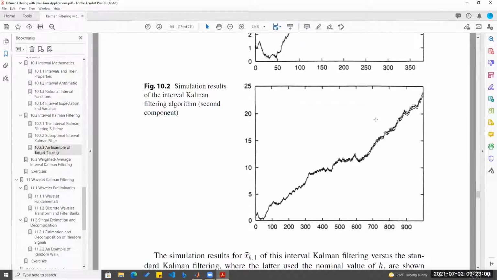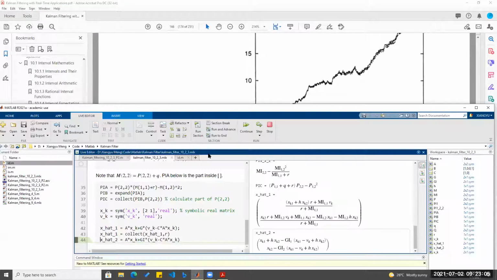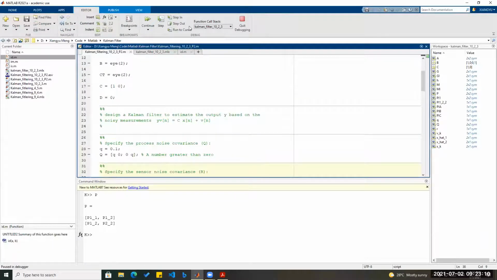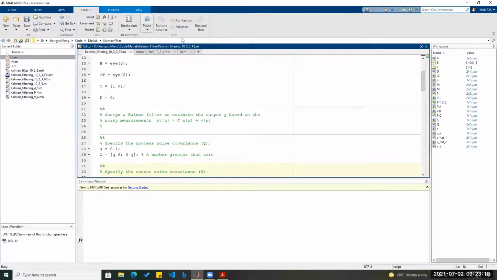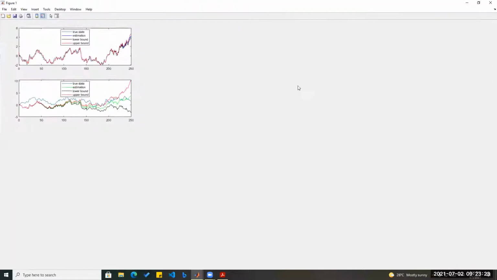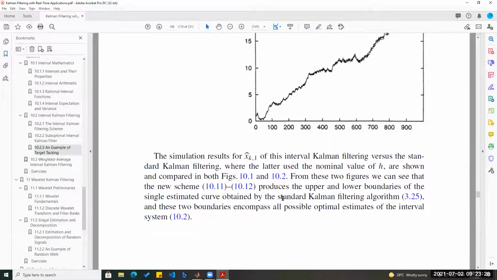Then I will show you the simulation result. Okay, let me finish this one. Yeah, then you can see, let's look at the comment. Okay, I think in one of the sentences it said, these two boundaries encompass all possible optimal estimates.